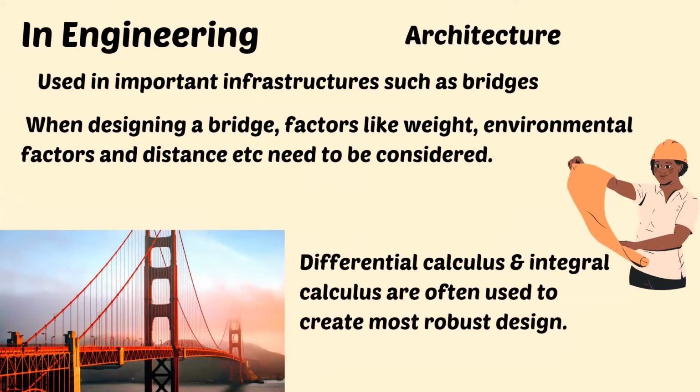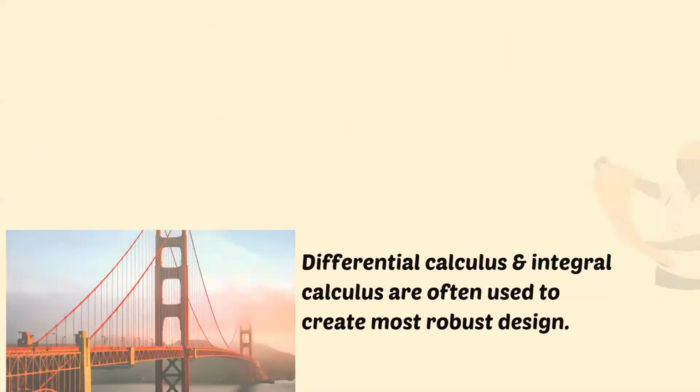How much the infrastructure weight will be, what are the environmental factors, there are so many calculations they need to perform. Especially in the case of arches or building bridges, they have to use this concept of calculus. To create a good design, an architect should have an idea about differential or integral calculus, or about the concepts of calculus.